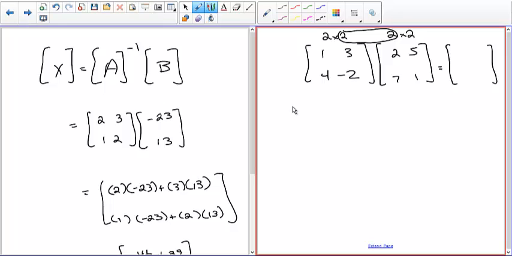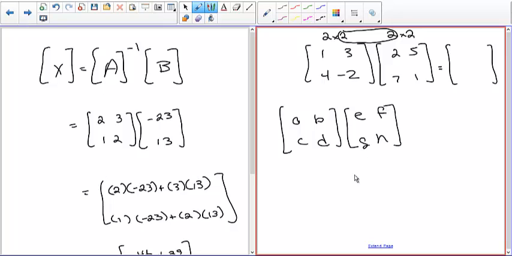Now, what I'm going to do is do this in letter form. So the first matrix numbers can be represented by these letters, and then you can continue on in the alphabet like that. To get the first row, first column entry here, you multiply the first row times the first column. So that means AE plus BG.